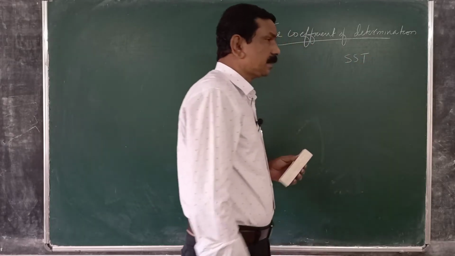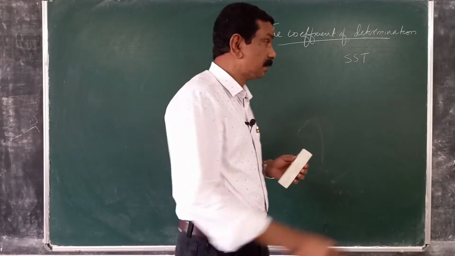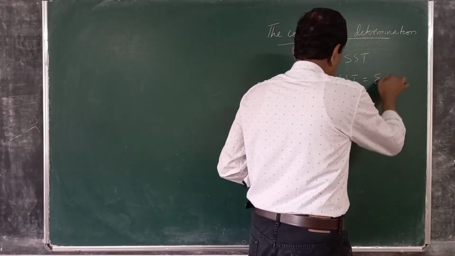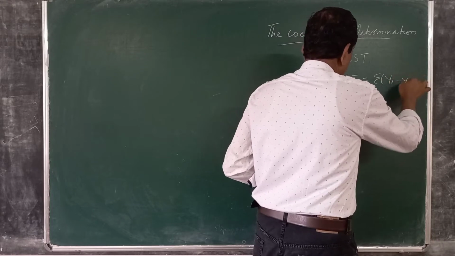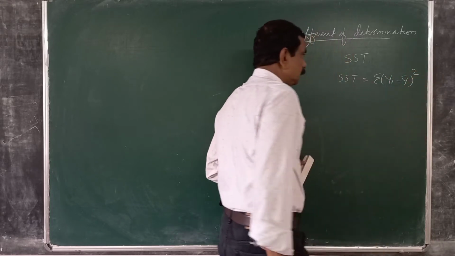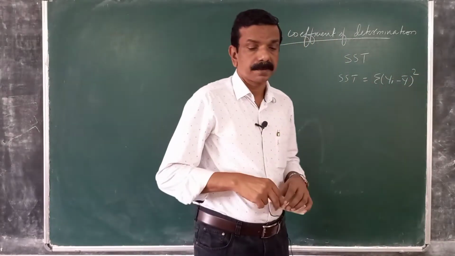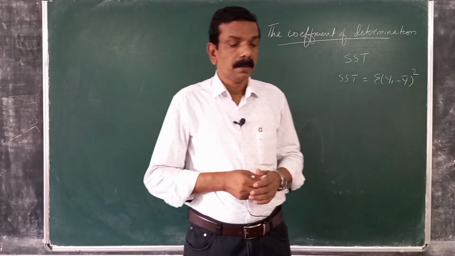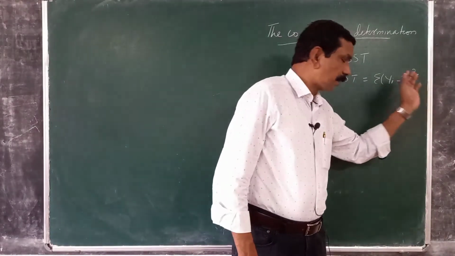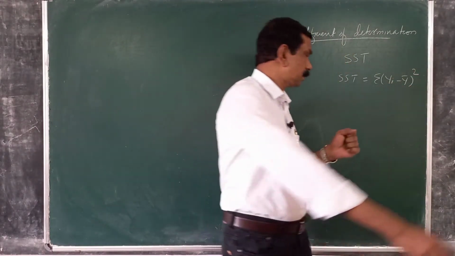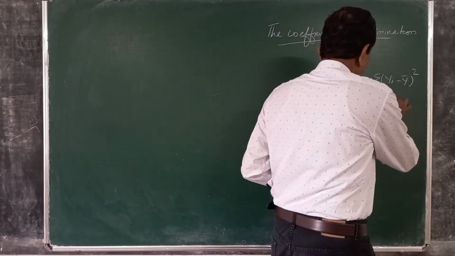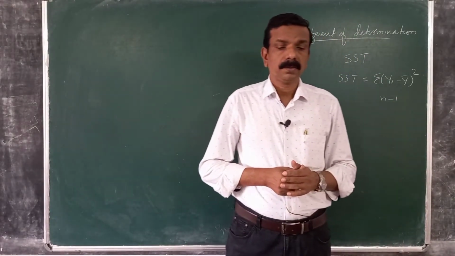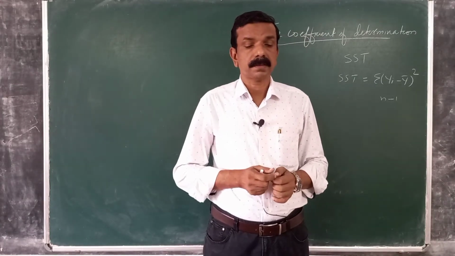We write it as SST, and SST is sigma of yi minus y bar square. If you divide this quantity by n minus 1, where n minus 1 is the degrees of freedom, you will get the sample variance.